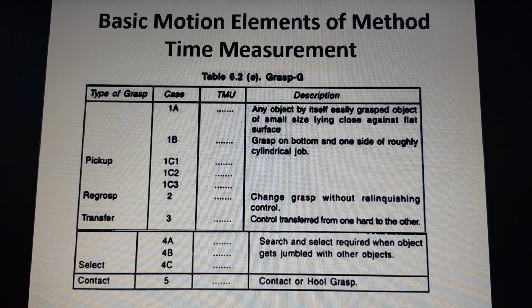For example, 1A is any object by itself, an easily grasped object of small size lying close against a flat surface. 1B is a grasp of the bottom and one side of a roughly cylindrical object. 2, for regrasp, is change grasp without relinquishing control, and so on. For all those cases, the amount of TMUs is described on that table, and it gives you the amount of time it's going to take for all those types of grasp.